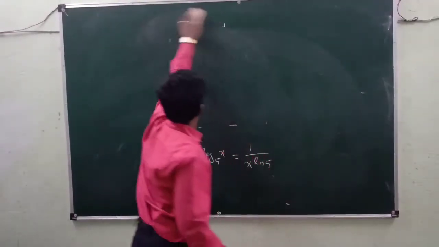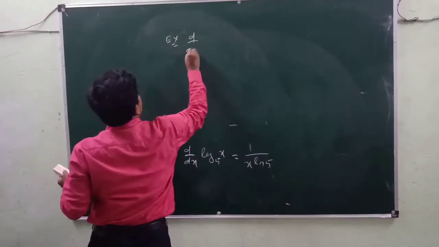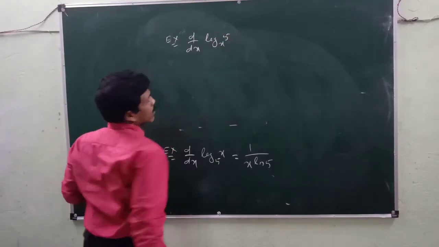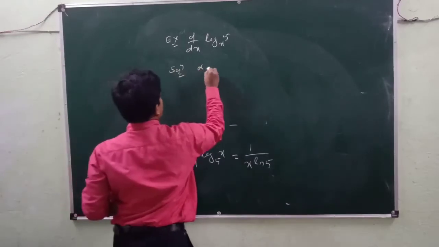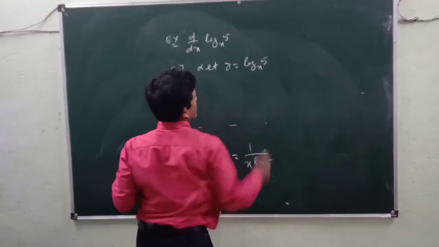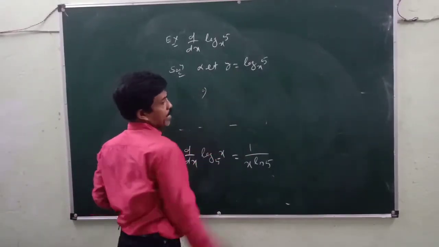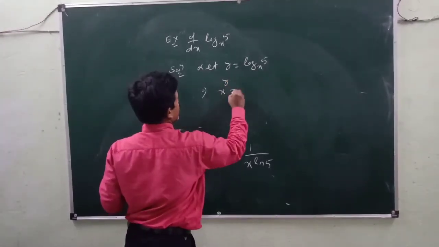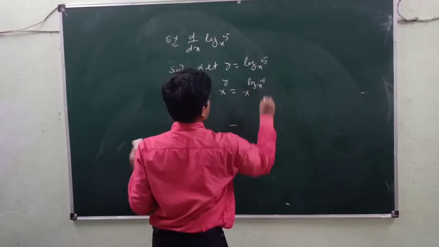Also, find the derivative of log 5 to the base x. In the solution, let y equal to log 5 to the base x. That implies taking base x on both sides, it will be x to the power y equal to x to the power log 5 to the base x.